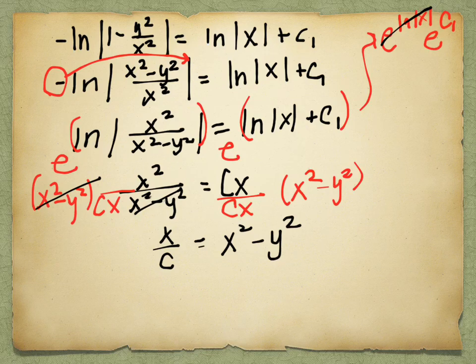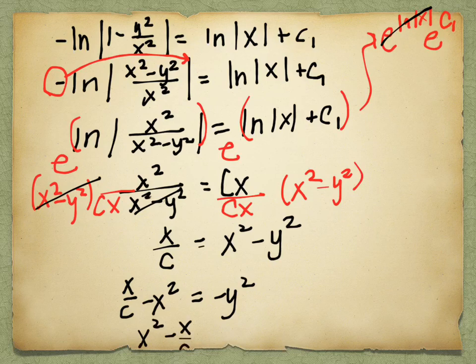Now what? Subtract x squared. Okay. Then multiply by -1. Okay, so I need to change everybody's signs, right? That'll turn the left-hand side into x squared minus x over c.